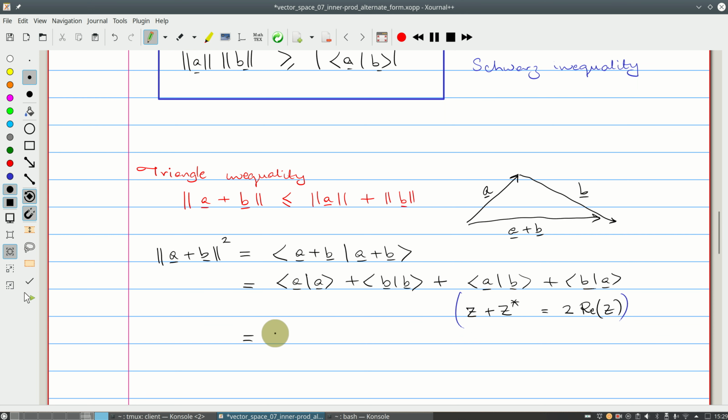So this then is equal to the norm squared of A plus the norm squared of B plus twice the real part of the inner product of A with B.